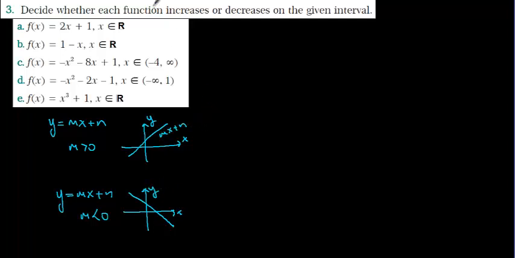So the first function is always increasing because m is equal to 2, and m is greater than 0, so the function is increasing. If you remember, m represents the slope of the function.